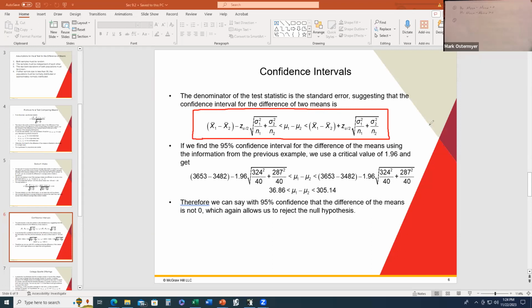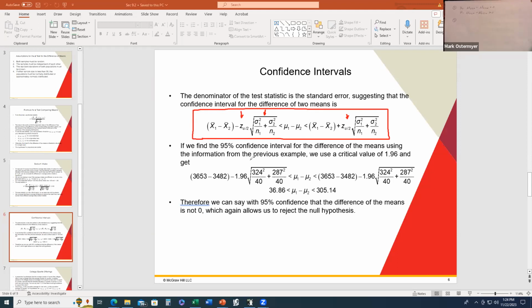All right. Notice we have our standard error that appeared in our test statistic formula. And of course, we have our critical Z values that are also needed to compute the margin of error of our confidence interval here.